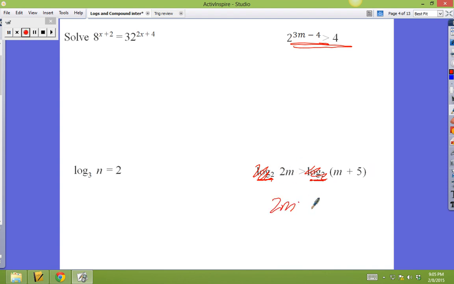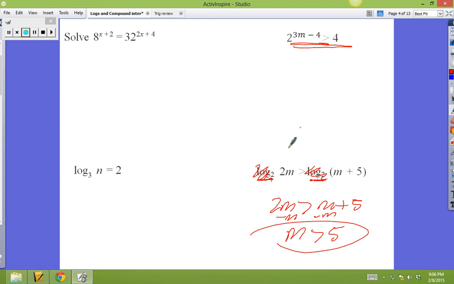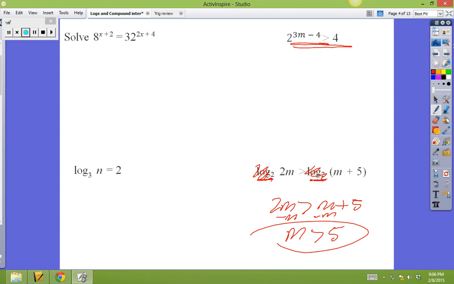So 2m is greater than m plus 5. That means minus m, minus m. So m is greater than 5. m's got to be anything bigger than 5. So if your bases are the same, or if your logs are the same, you can kind of disregard those and just focus on either the exponents or what you're taking the logs of.